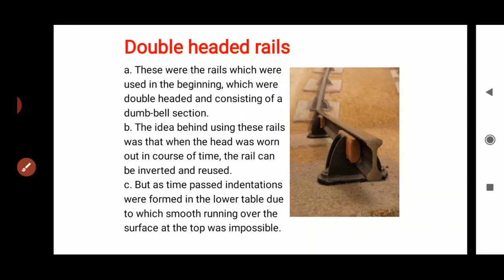experience showed that such marks are formed in the lower foot, due to which smooth running over that surface at the top was impossible.